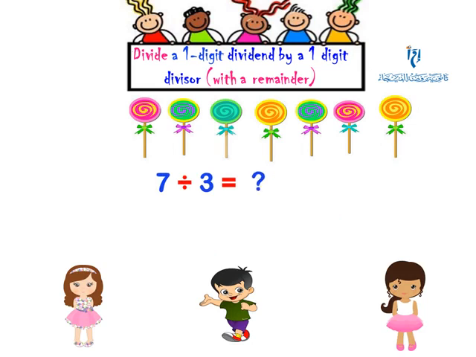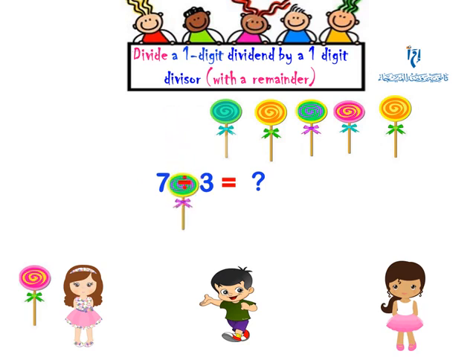But 7 is not a multiple of 3, so 7 cannot be distributed equally into 3 groups without any remainder. So how can we find the answer? Don't worry kids, I'll teach you how to do it. But now, since we have the lollipops, let's use them to find the answer, and then we will use a special procedure to find it without the picture.